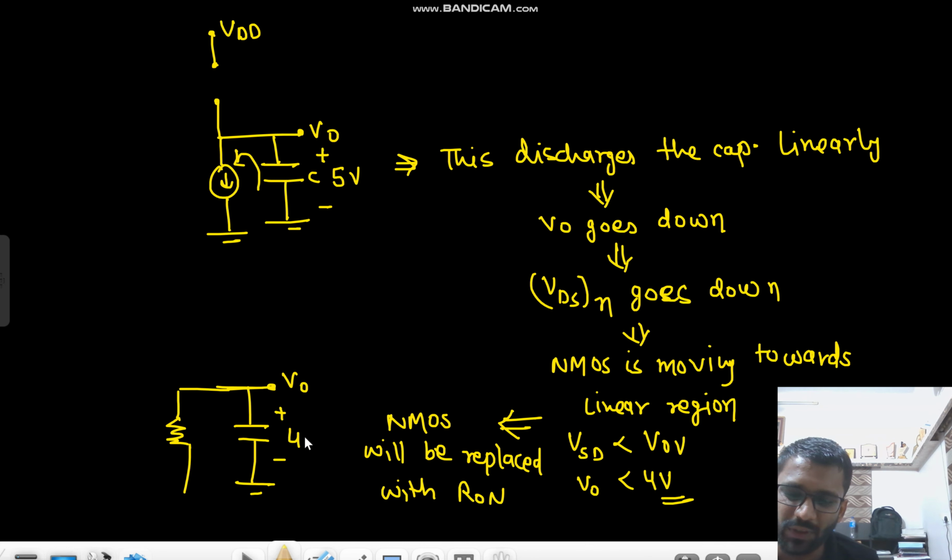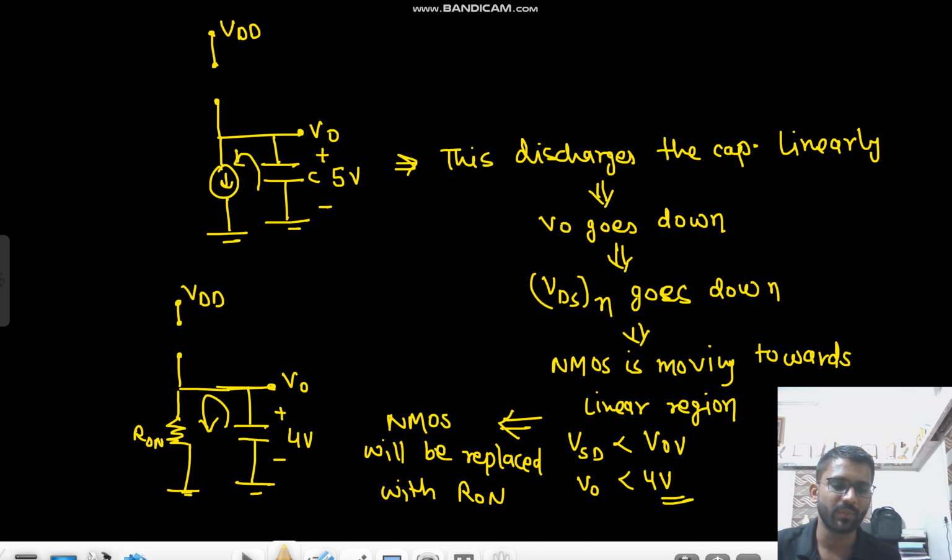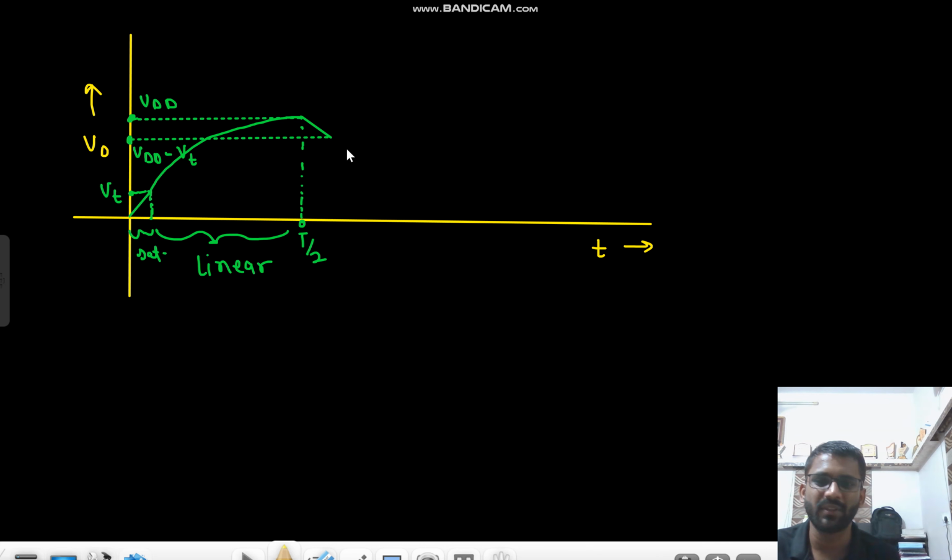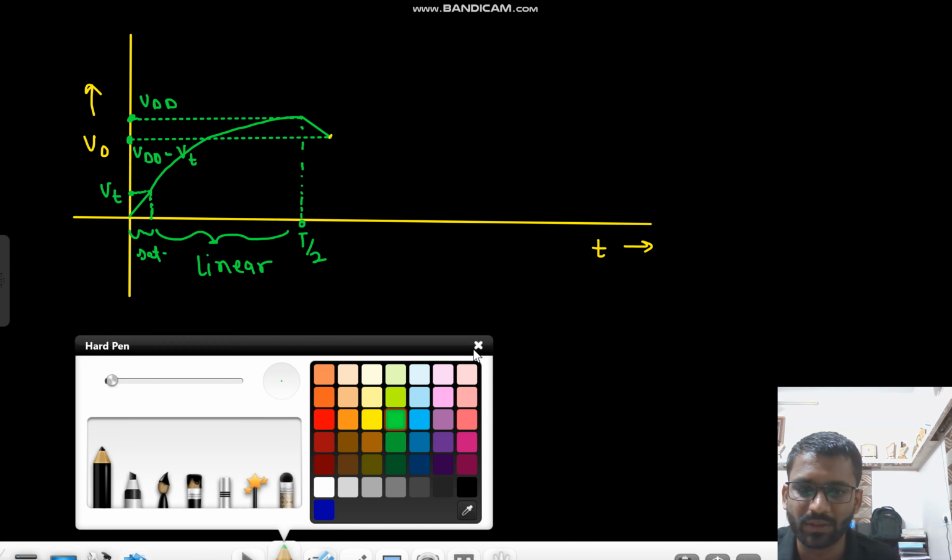This is charged to 4 volt. This is replaced with R on. Okay, and this is open circuited, and this is VDD. So this will get discharged. From 4 to 0 we will go, but exponentially this time. So this is how it goes to 0 volt.